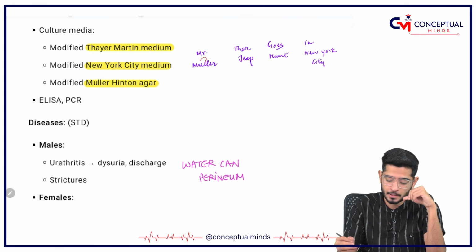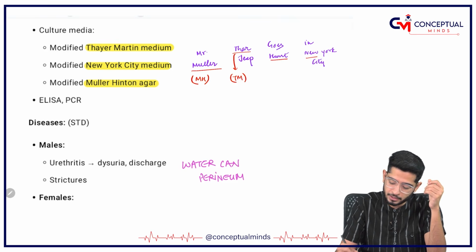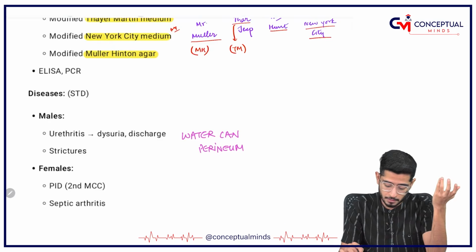Easy to remember. Mr. Mueller means Mueller-Hinton agar. Thar jeep means Thayer-Martin media. Hunt means Mueller-Hinton only. New York City means New York City media. Okay, easy to remember? Yes.